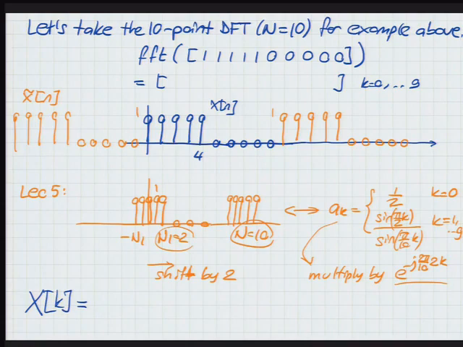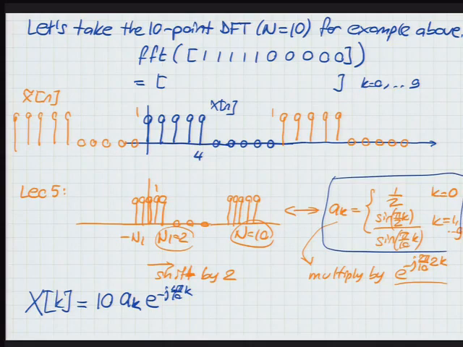So 10 times ak times, I reserved ak for the unshifted signal, e to the negative j 4 pi by 10 k. So that's what the coefficients are, and ak are given here.